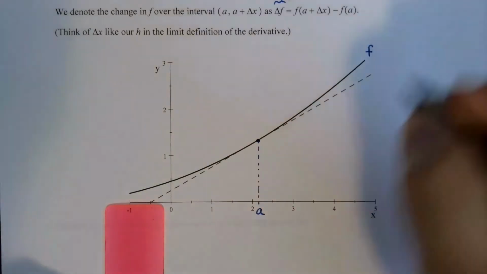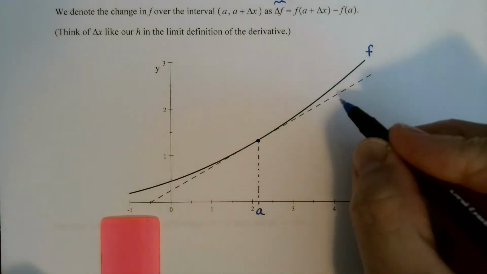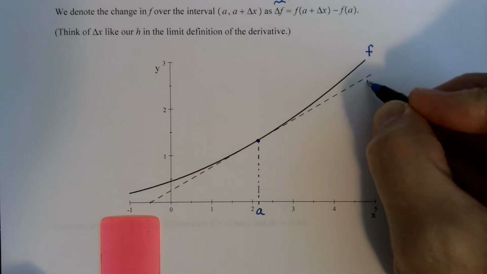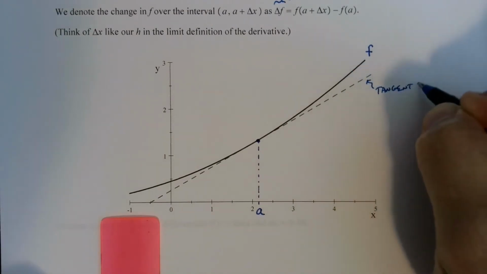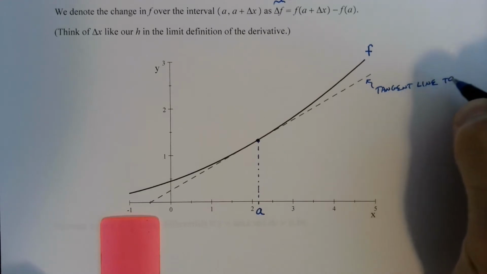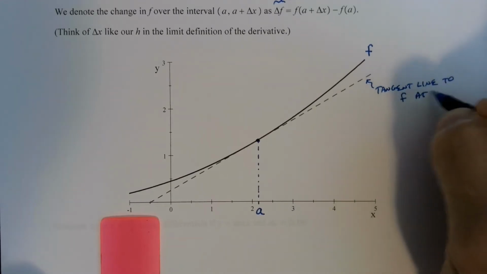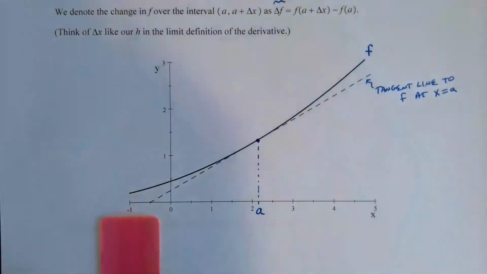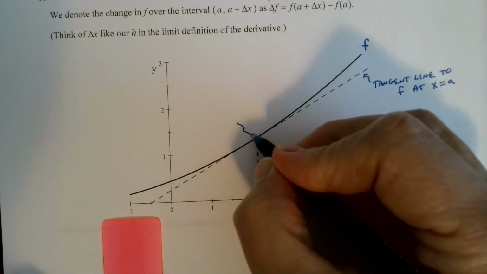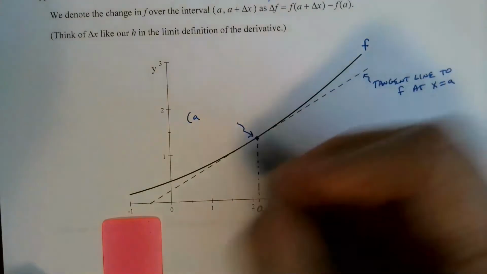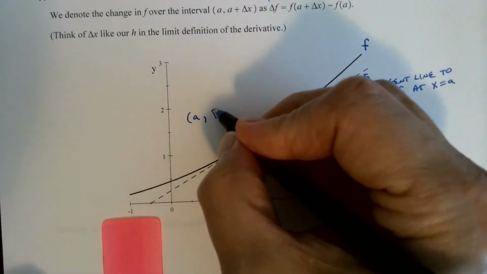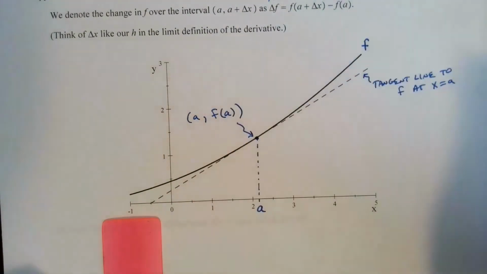The dashed line, this is the tangent line to f at x equal a. Okay, and so of course this point right here is the point of tangency, right? It's on the tangent line, but it's also on the function. So a comma f of a is that point.